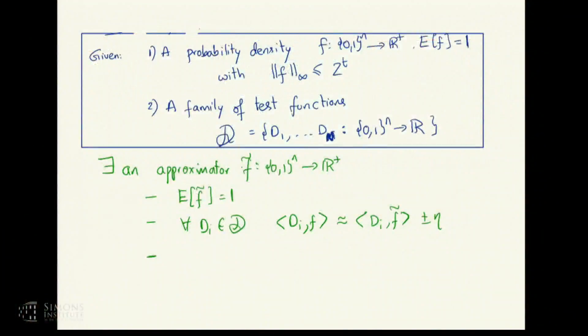f tilde is of the form: you take a bunch of d_i's, you add them up, possibly with coefficients, and then you take the exponential.